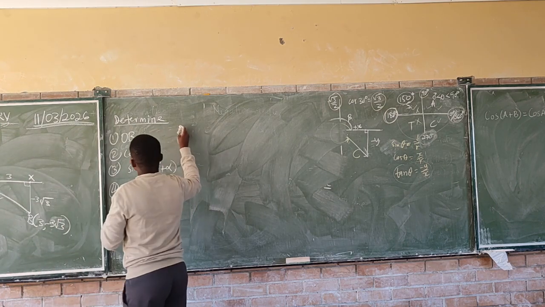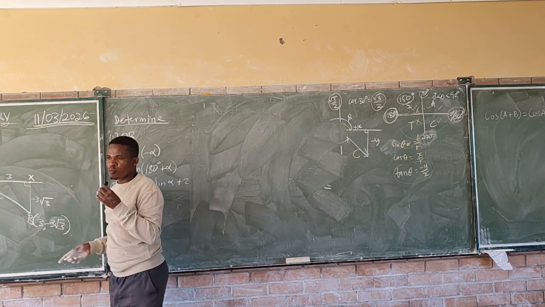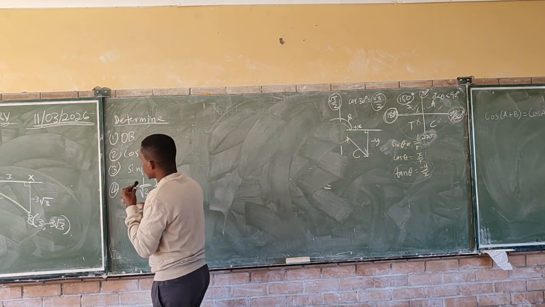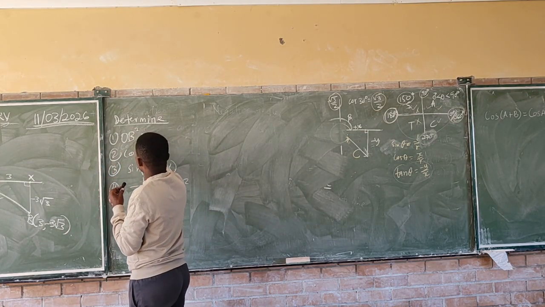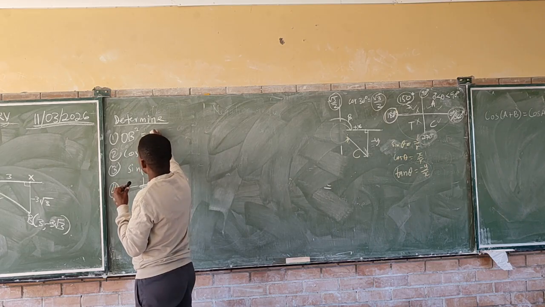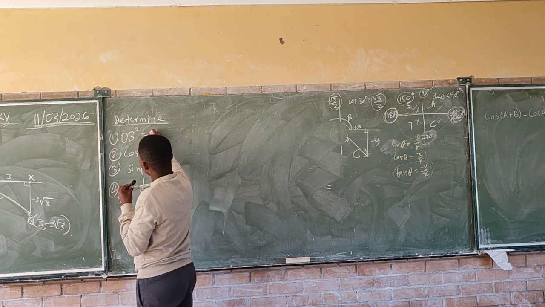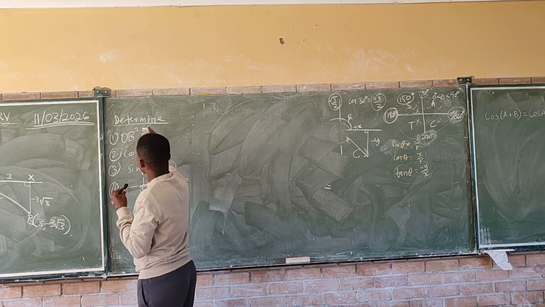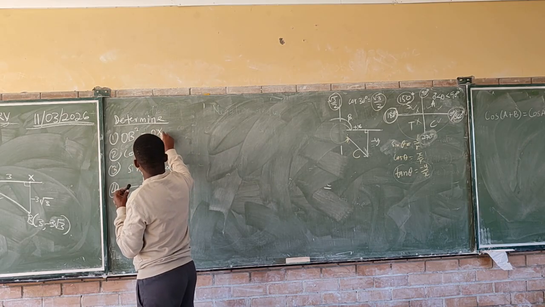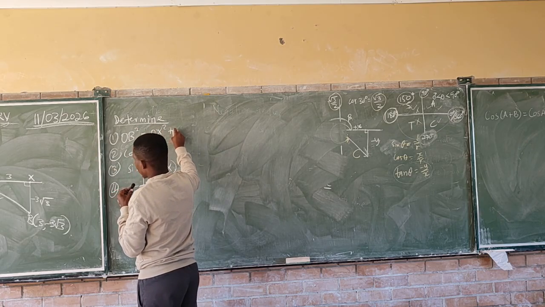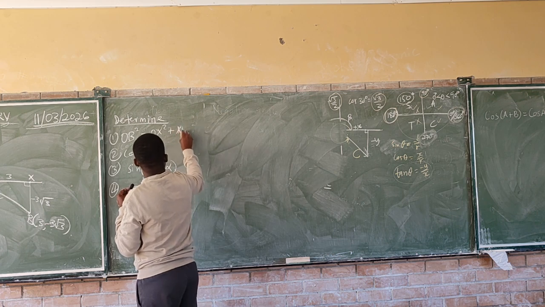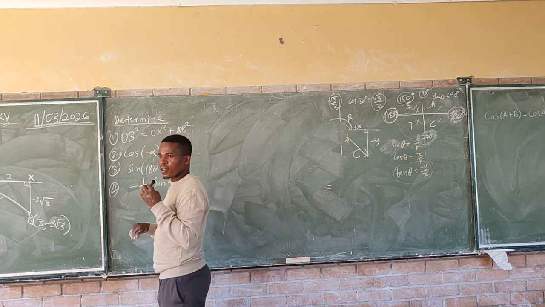Our R you can see is OB. So if it's OB, it means OB squared equals what? You can have OX squared plus XB squared. Is that clear?